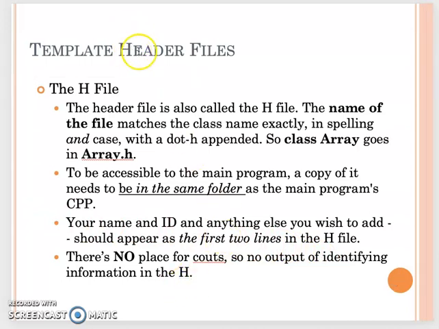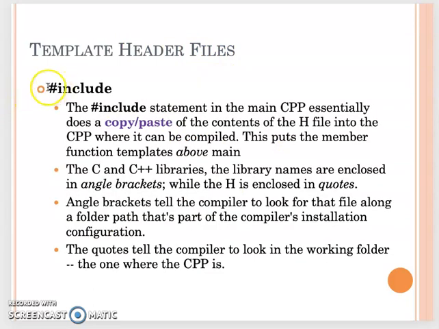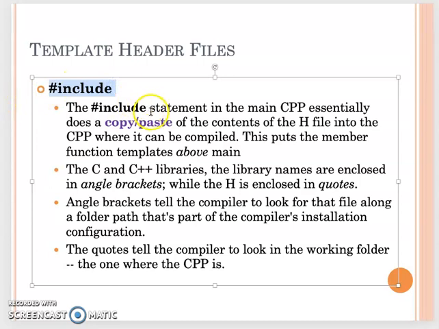After we have the header file, of course, you know how to use it from the CPP file. We have the include keyword. This #include statement is in the main CPP. You did it many times since the beginning in 110: you include iostream in square brackets, so that you include the default library file from the C++ compiler.